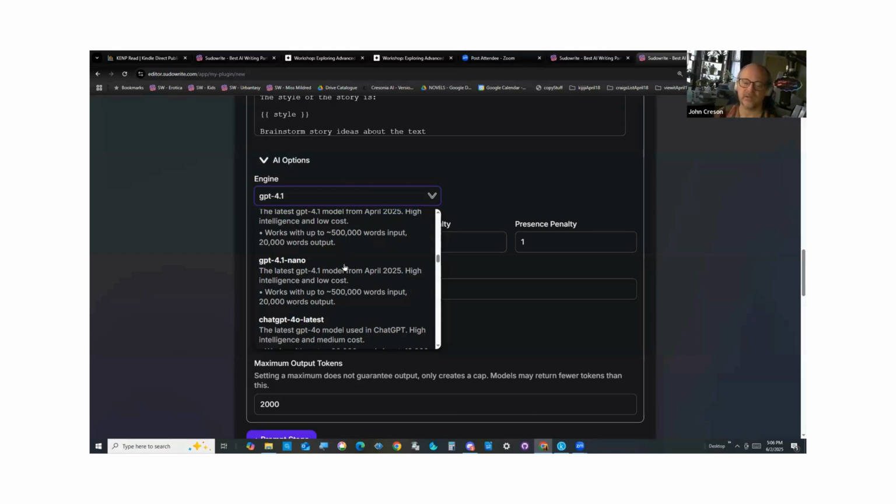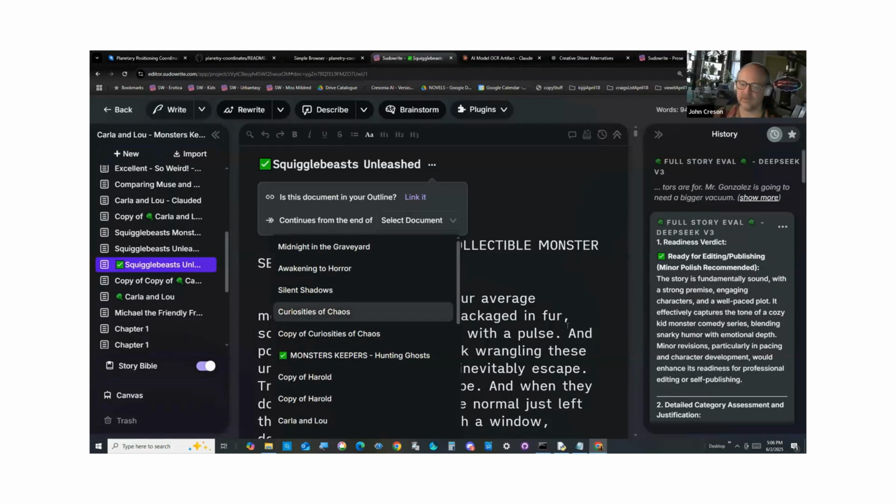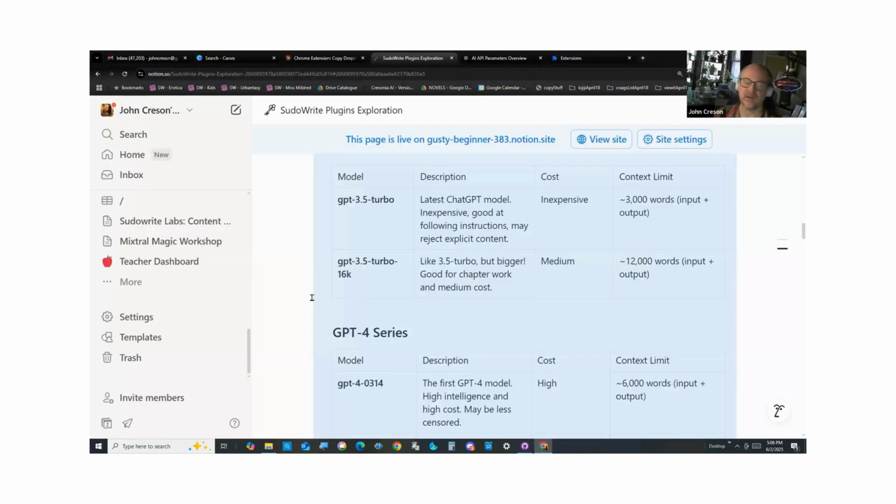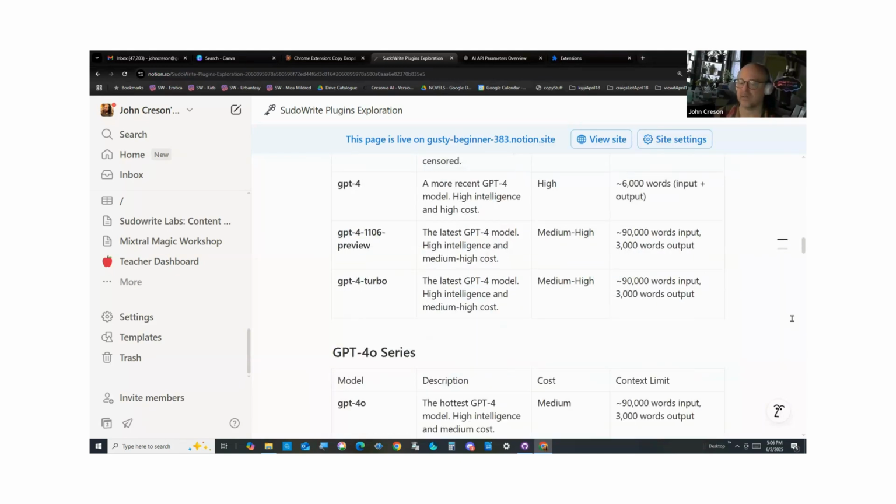You can use this to select a model, but you can also use this to read about it and maybe copy and paste it into ChatGPT or something and ask it about these different models themselves. Sometimes that can help. And it gives you the actual name of the model.